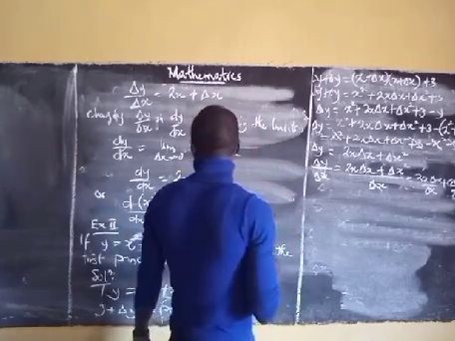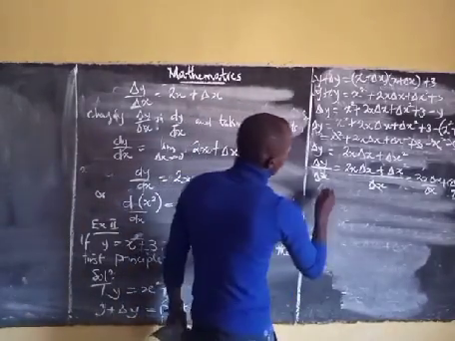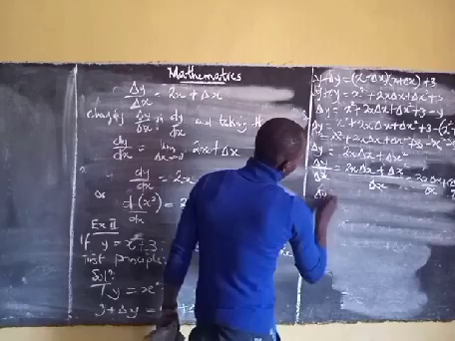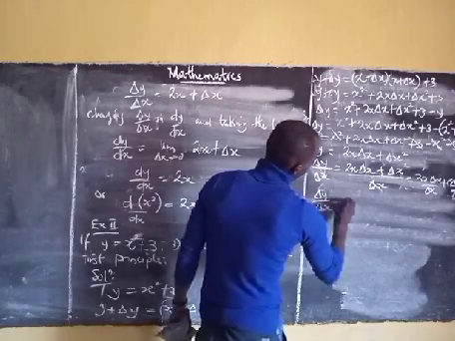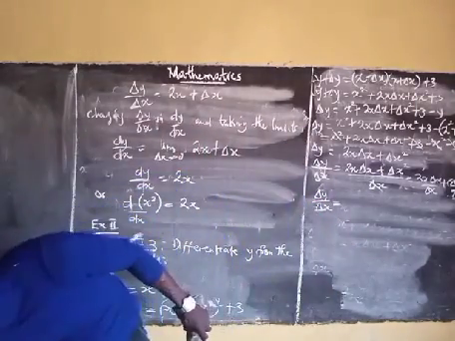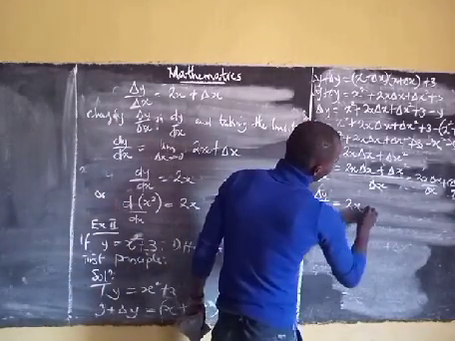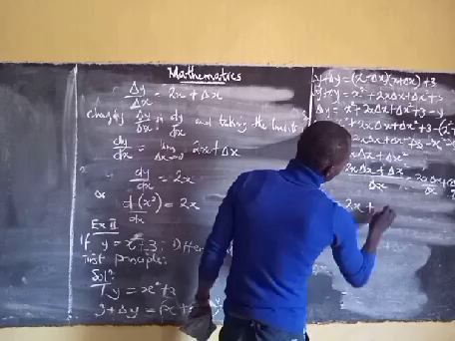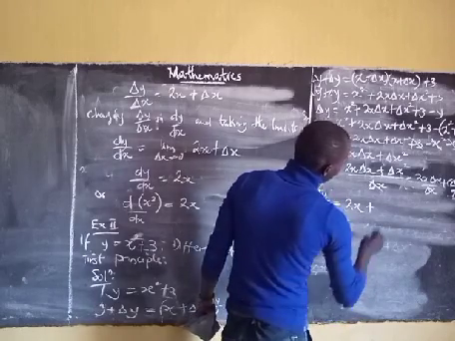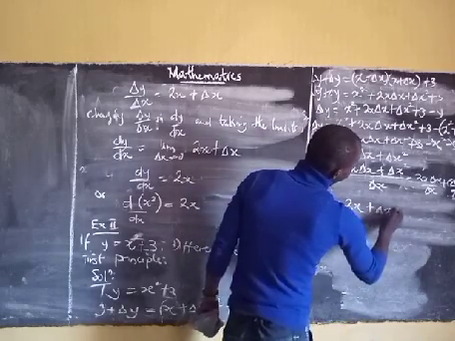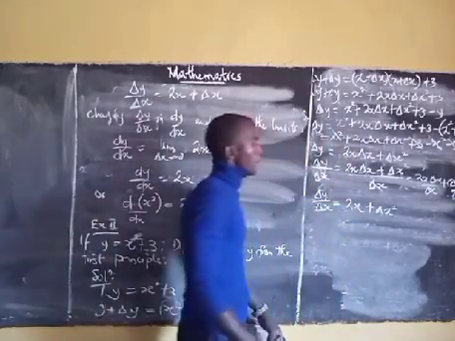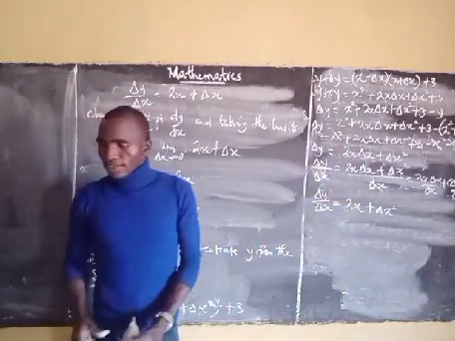So we have change in y over change in x equals 2x plus change in x.